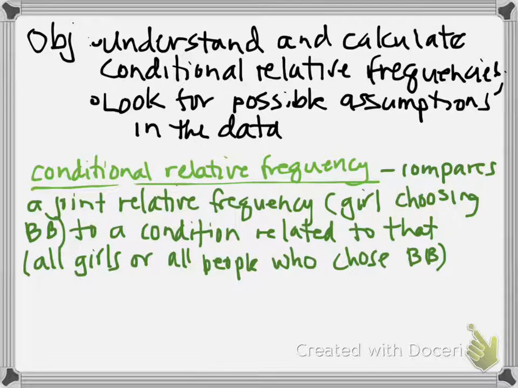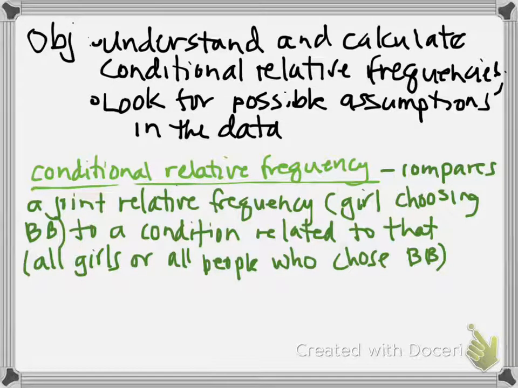So it's either going to be a total from a column or total from a row that relates back to the original condition. Okay? Patrick? But wasn't also the total number of people surveyed a marginal relative frequency? Yeah, but this one is dealing with what relates back to this joint relative frequency.